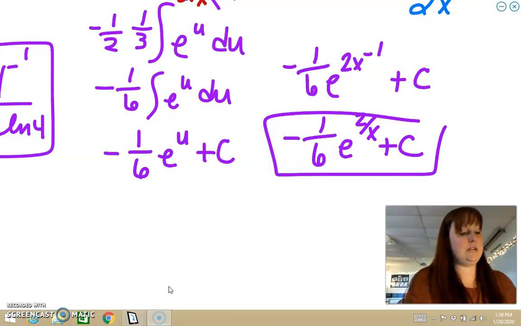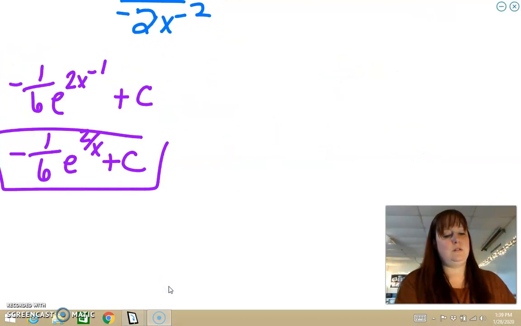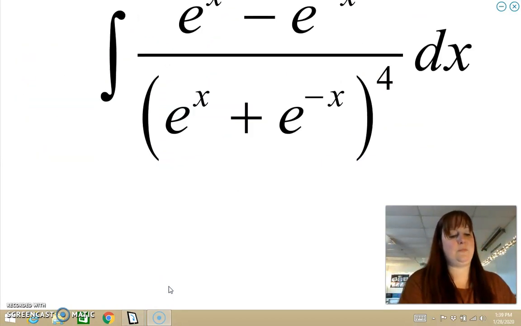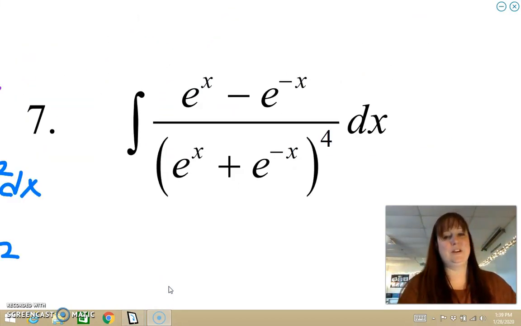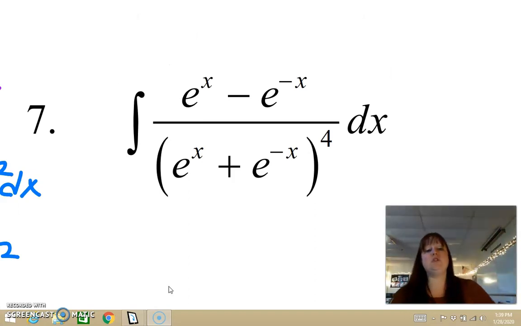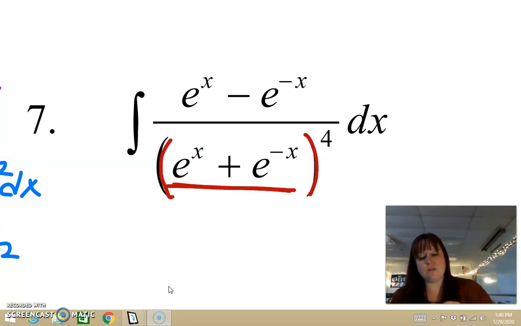Okay, last but not least, we have this one. And you're like, oh my goodness. Okay, but do you notice a function and its derivative somewhere? So this inside function, remember this is like a function inside of a function, so the outside, the chocolate, is something to the 4th, and then the peanut is the e to the x plus e to the negative x.